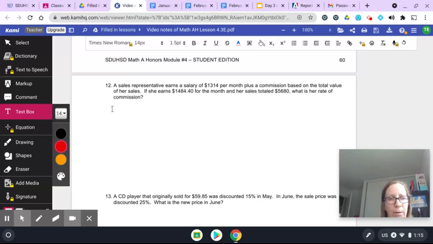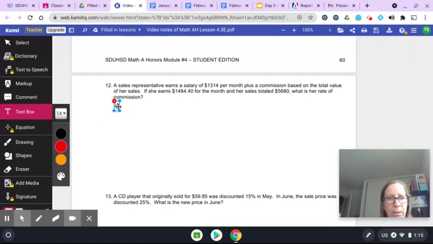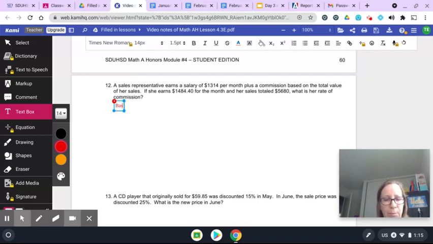Okay, so I have to think about the organization here. She makes a base pay. She gets money for just showing up and not selling a thing, just being there. But then if she sells stuff, she gets a commission. And that will get me her total earnings.